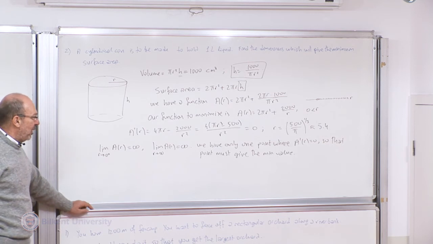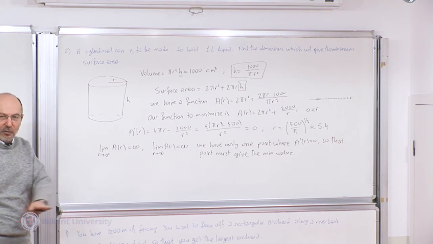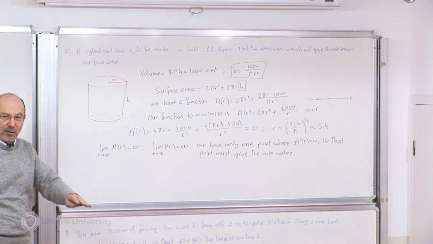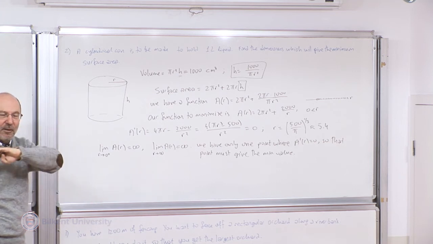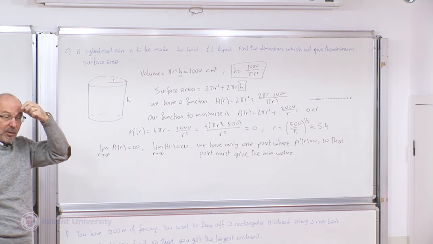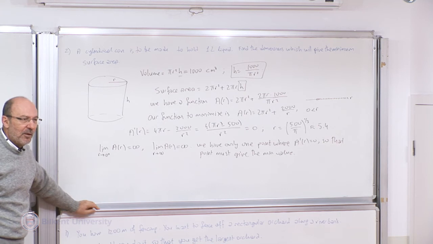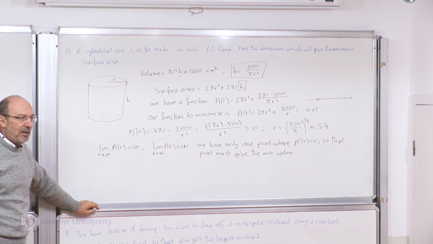And I warn you that next semester, this is not true for functions of two variables. If you have a function of two variables, the plane is your domain. On top of that, you have a surface. And of course, the local minimums and local maximums will be points where the tangent plane is parallel to the xy plane. Okay? But not every such thing.